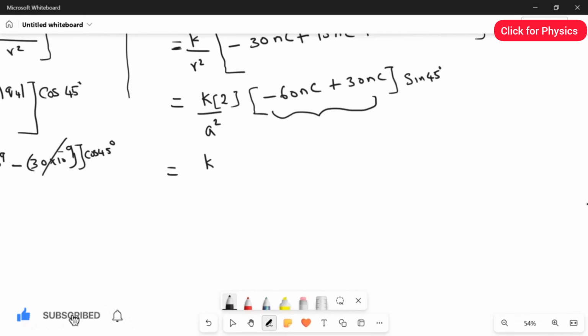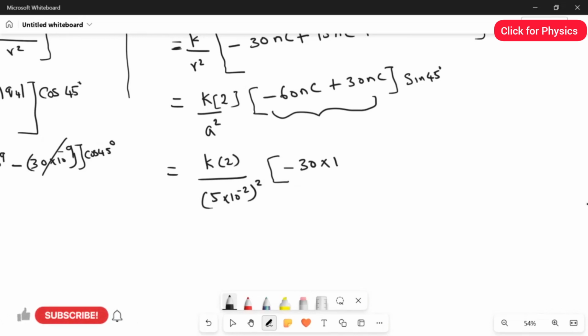First we have to simplify this. K multiplied by 2 over the value of A, which is 5 centimeter, so 5 multiplied by 10 power minus 2, the whole square. When you simplify, minus 60 plus 30 becomes minus 30 nanocoulomb. For nano, I can substitute 10 to the power of minus 9, and then sine 45, we can use the calculator.